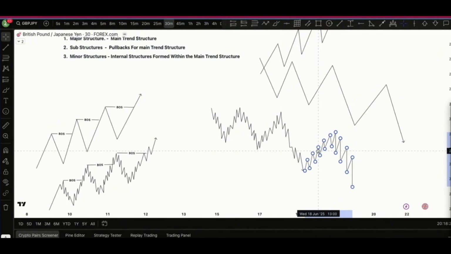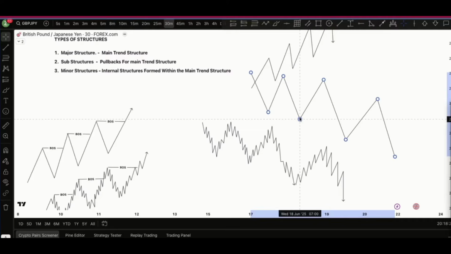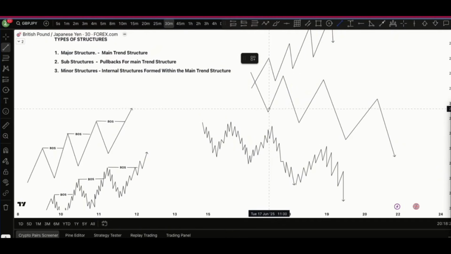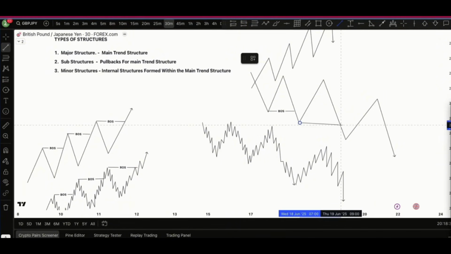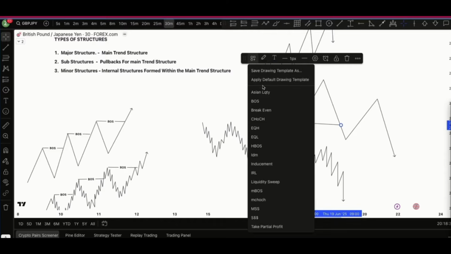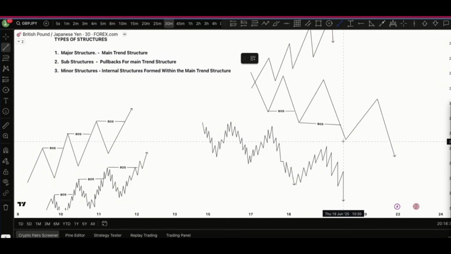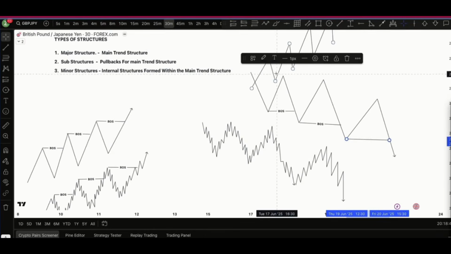This one also has a break of structure to the down, another break of structure here, then another break of structure here. Good. So let me clear this one.